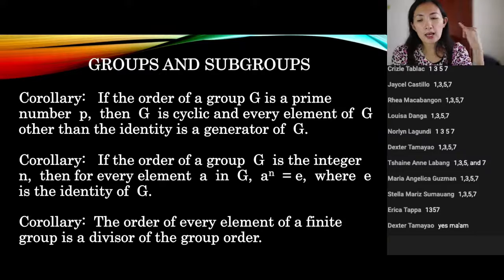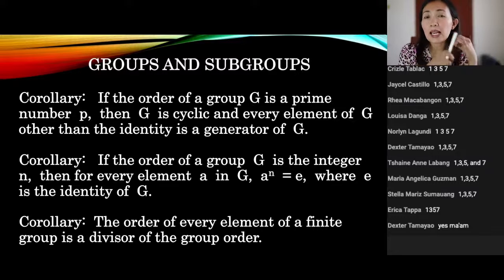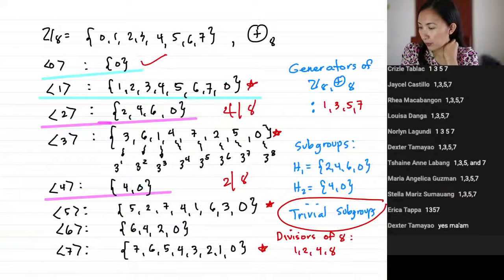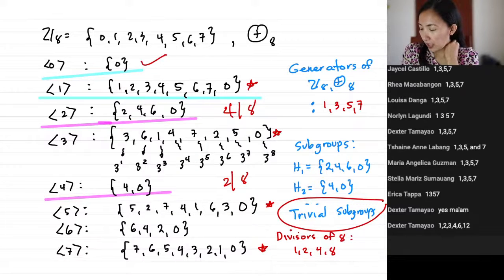Merong subgroup na may isang element, may 2 elements, may 3 elements, may 4 na elements, may 6 na elements, at may 12 na elements. Pero, never will we get a subgroup with 5 elements. So, in like manner, for Z sub 8, never will we generate a subgroup with 5 elements.